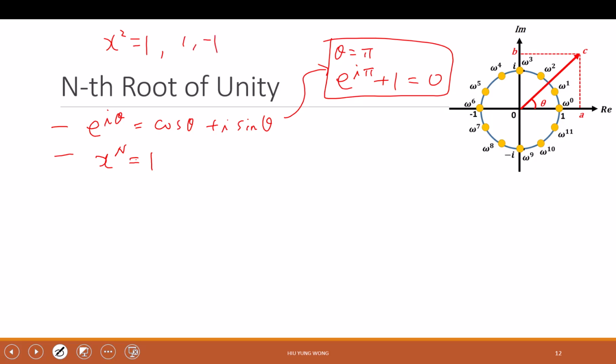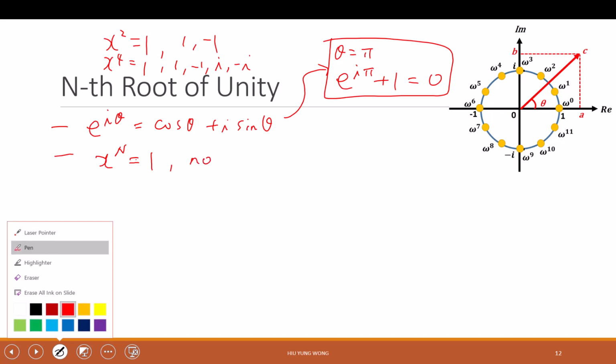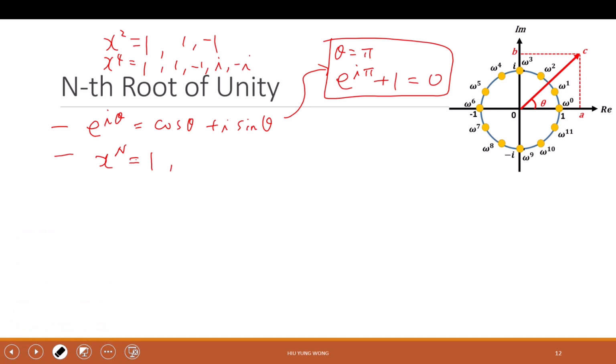1 or negative 1. Then how about x to the power 4? What are the solutions? Not just 1 and negative 1, you have 1, negative 1, i, and minus i, so you do have 4 roots. So x to the power n, you have n roots.